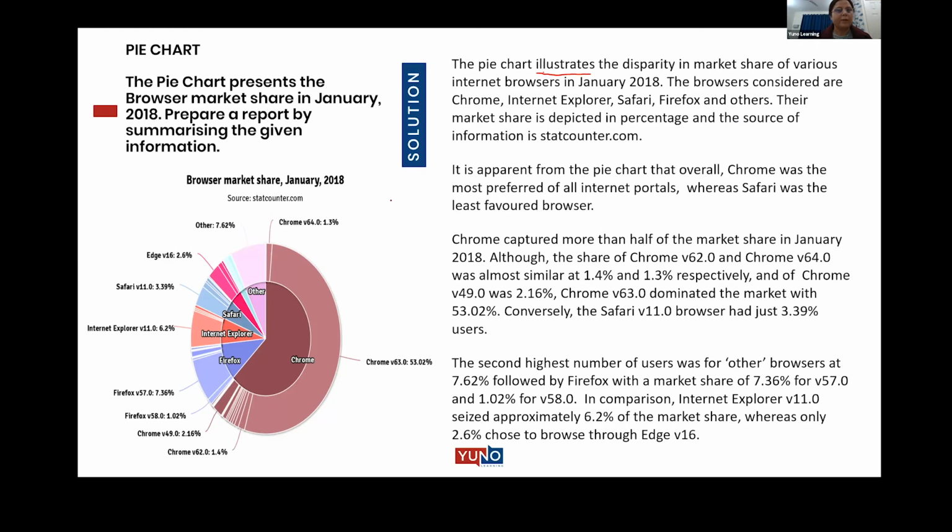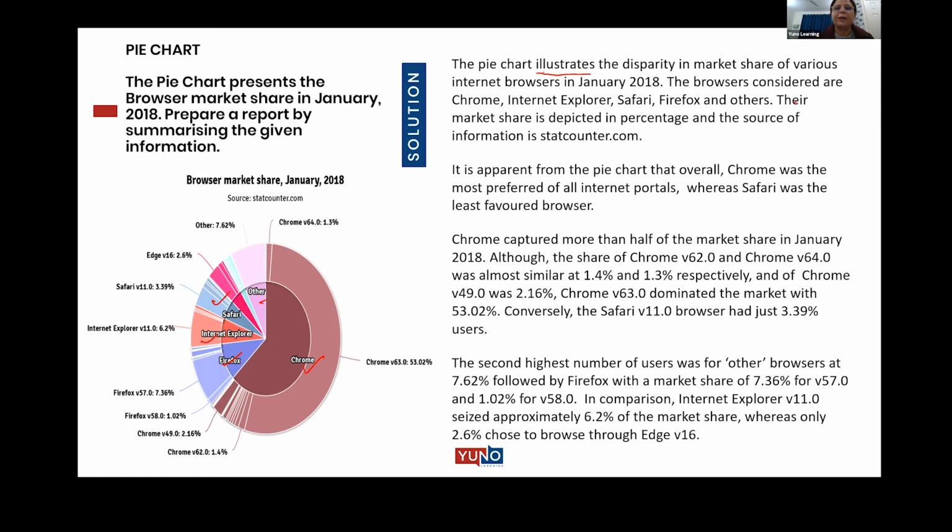If there are too many, then you need not mention the minor ones. So, internet browsers in January 2018. Now, which are the browsers that have been considered? We mentioned those. So the browsers considered are Chrome, Internet Explorer, Safari, Firefox, and others.